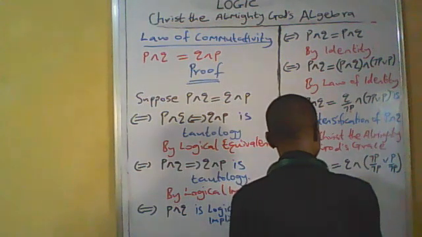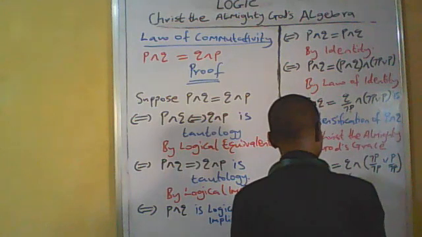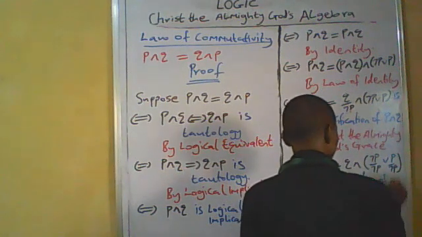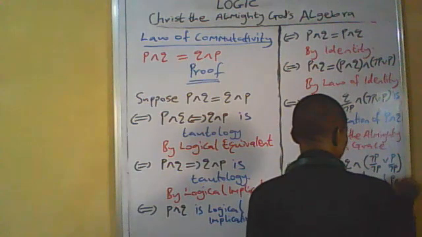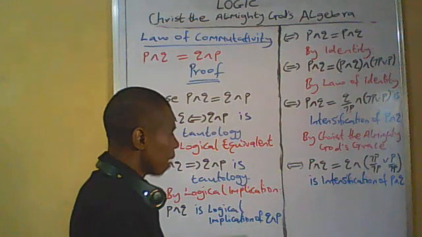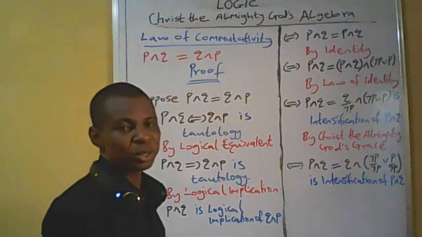So you say its intensification of P and Q being justified by distribution of implication.